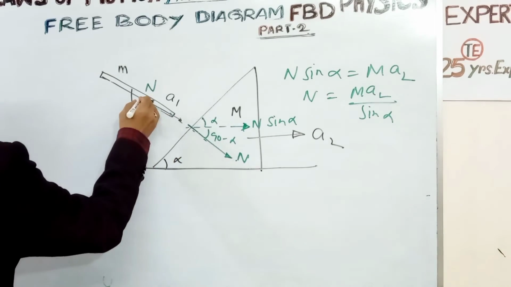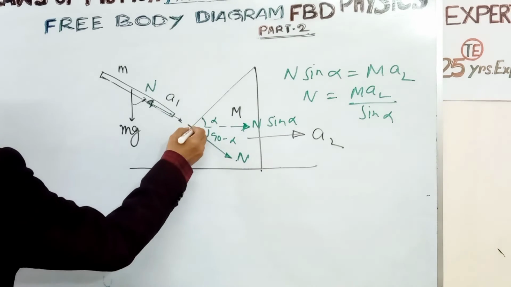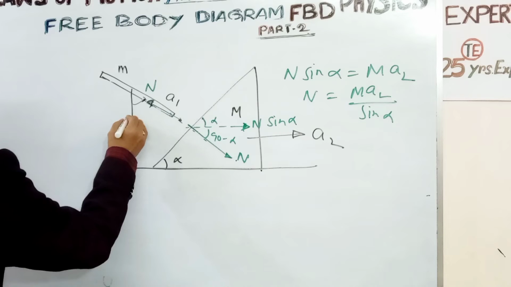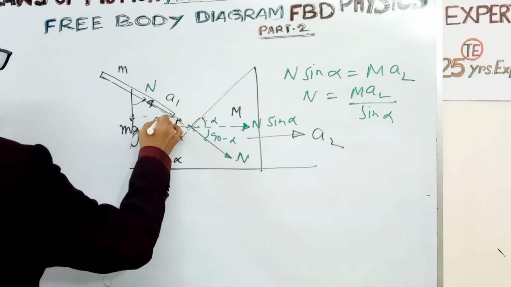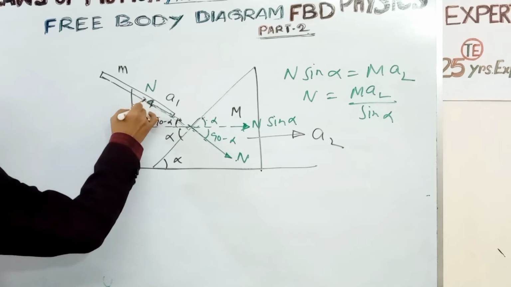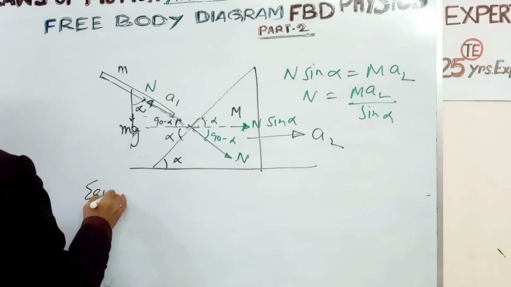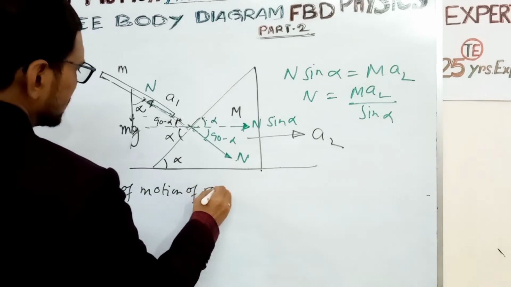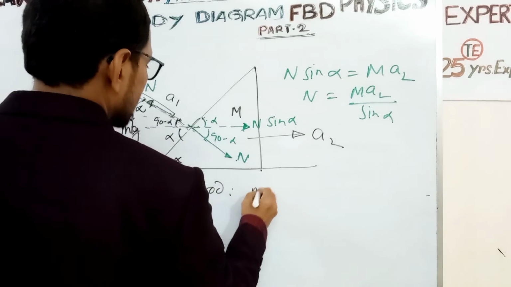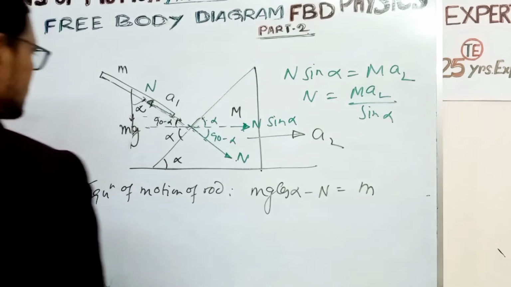The component of mg along this: this angle is alpha, this is 90 minus alpha, and this is 90, so this is alpha. So mg cos alpha, and the equation of motion of the rod will be mg cos alpha minus N equal to m A1.